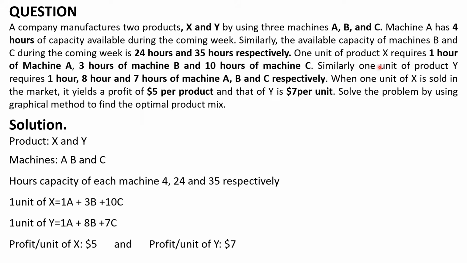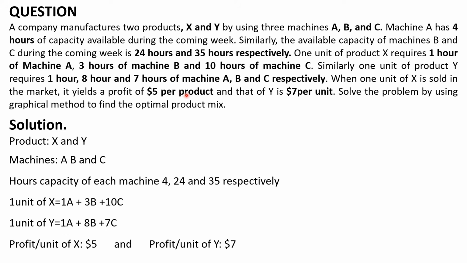Similarly, 1 unit of product Y requires 1 hour, 8 hours, and 7 hours of machine A, B, and C respectively. This is the interpretation of that statement. To produce 1 unit of product Y, the company is going to use 1 hour of machine A, 8 hours of machine B, and 7 hours of machine C. Okay, when 1 unit of X is sold in the market, it yields a profit of $5 per product.